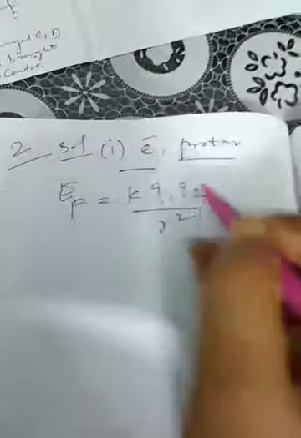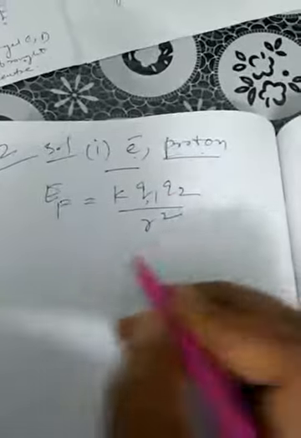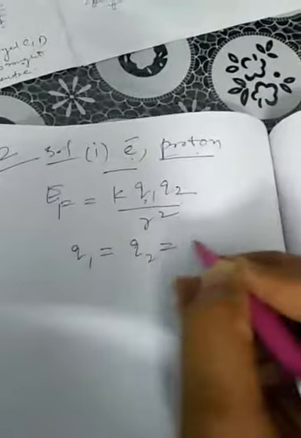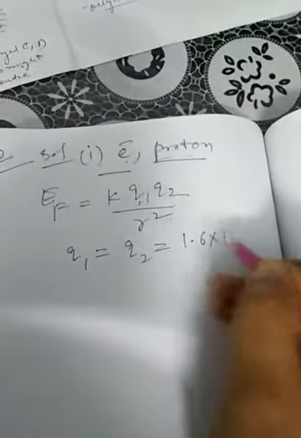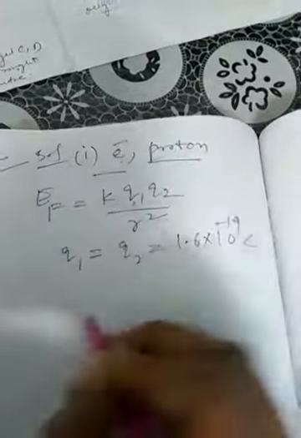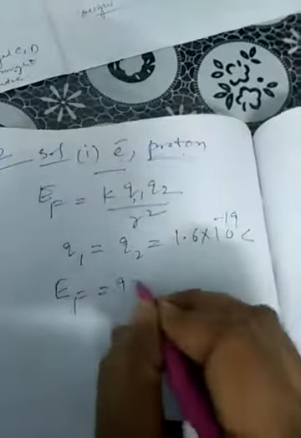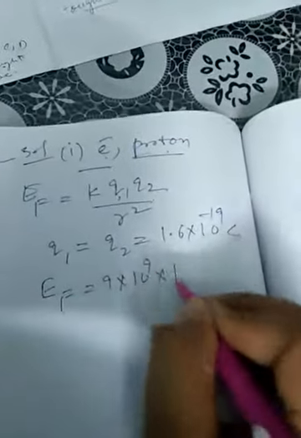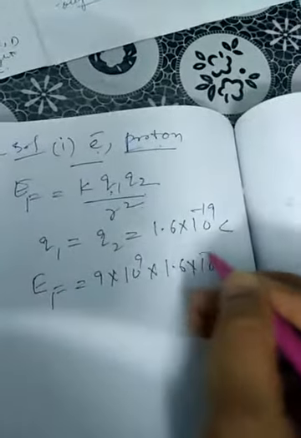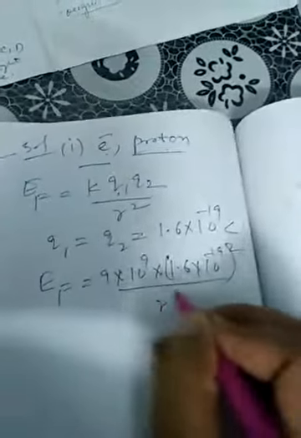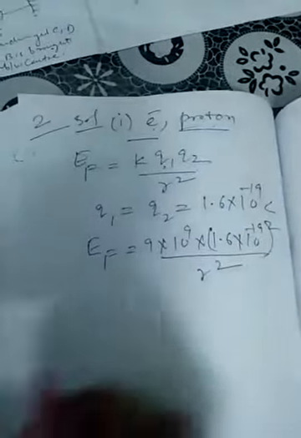Q1 is the charge on the electron, Q2 is the charge on the proton, and both have equal charge, 1.6 into 10 raised to minus 19 coulomb each. So the electrostatic force between them will be equal to 9 into 10 raised to 9 into (1.6 into 10 raised to minus 19) whole square divided by r square. This is the electrostatic force between the two charges.